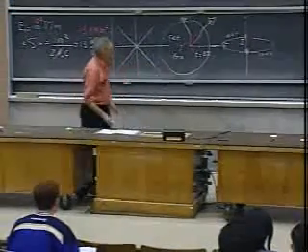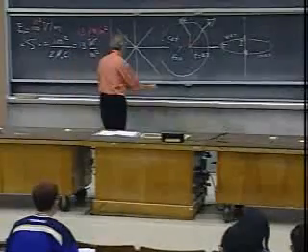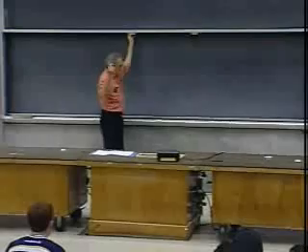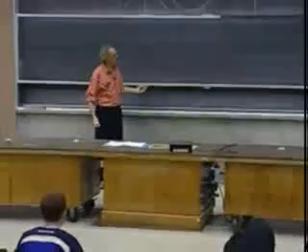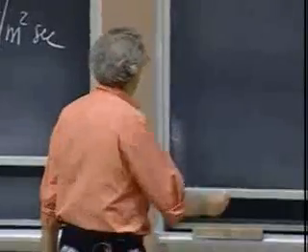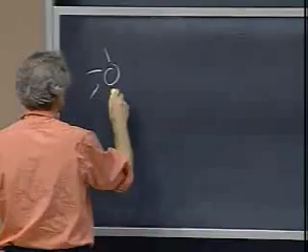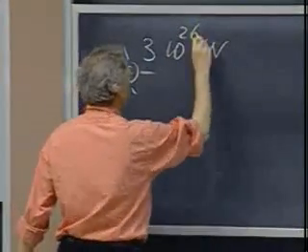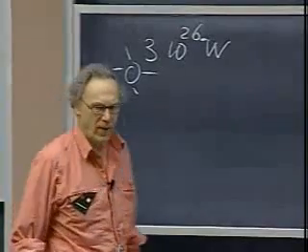So now I would like to return to the idea of the Poynting vector. Because we talked only about the Poynting vector, we derived that in terms of plane wave solutions. And we now know that plane wave solutions are really not too realistic. Suppose we have the sun here. And the sun is a really powerful light bulb. 3 times 10 to the 26 watts radiates, largely in visible light and in infrared radiation, which is electromagnetic radiation.